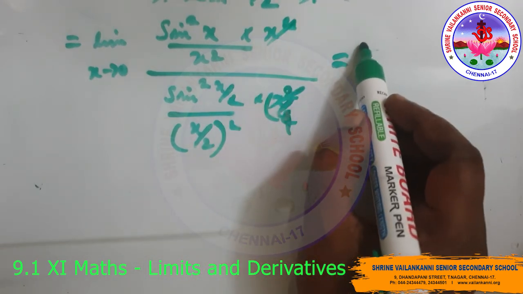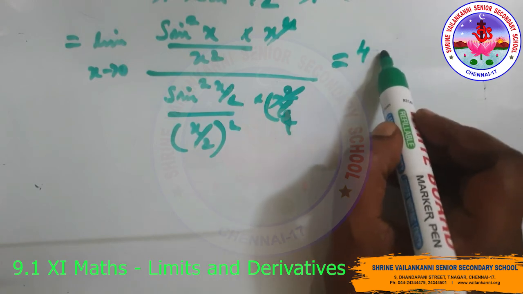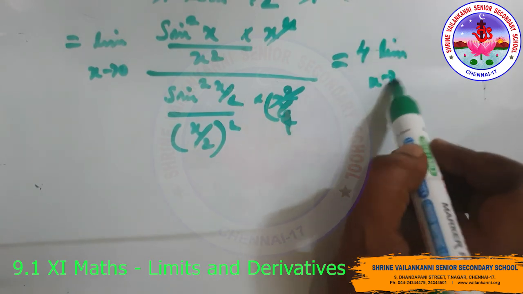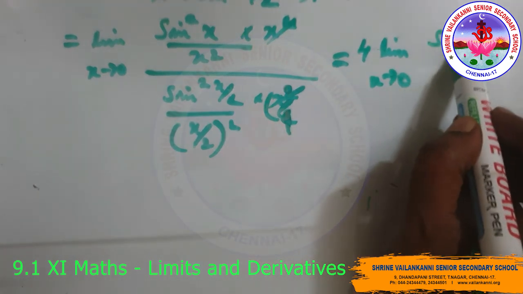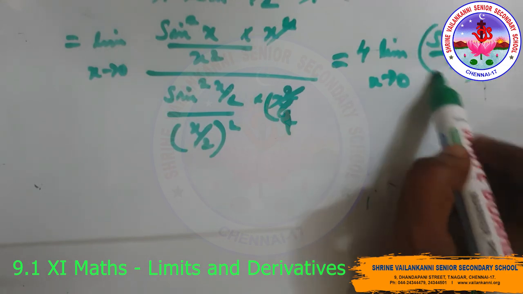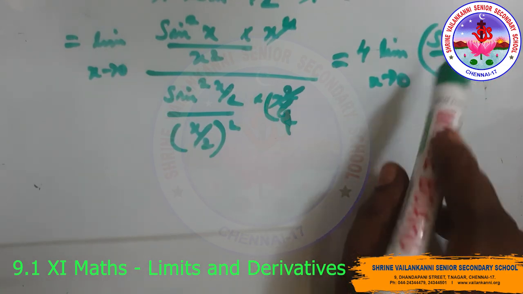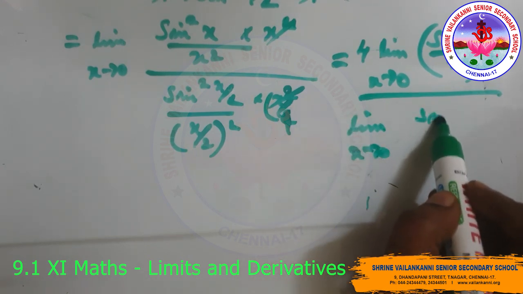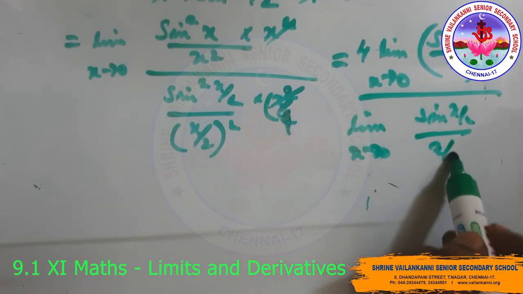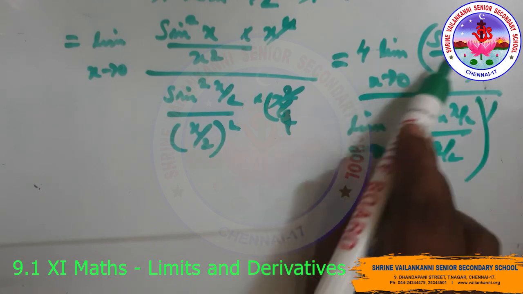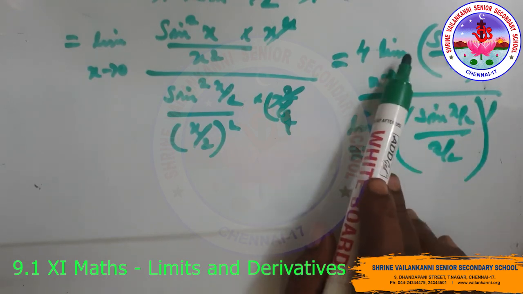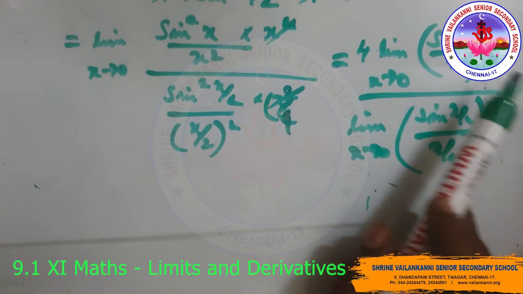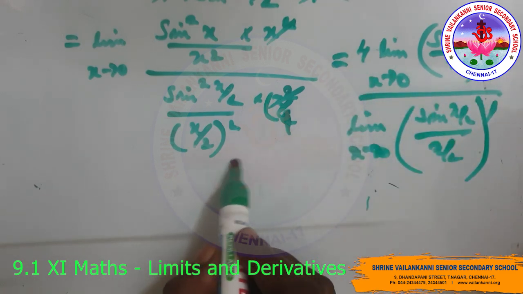So 4 in the numerator, then limit x tends to 0 sin x by x whole square by limit x tends to 0 sin x by 2 by x by 2 whole square. So this is 1, using the result limit x tends to 0, sin x by x equal to 1. So 4 into 1, which is 4.